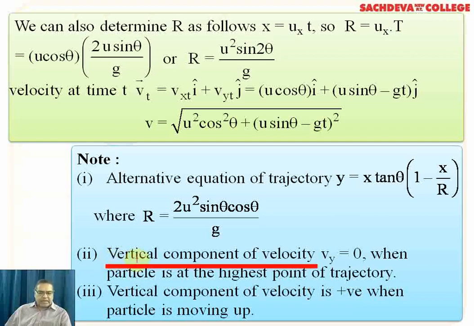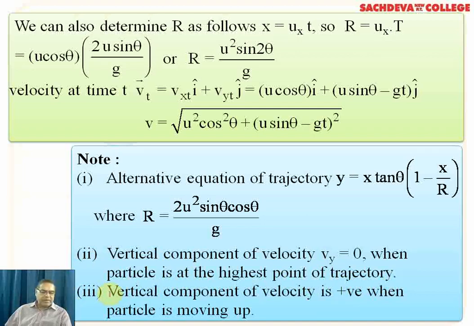Now, the vertical component of the velocity Vy is 0 when the particle is at the highest point of the trajectory. When we throw a body, gradually its velocity goes on decreasing, and at the highest point, the vertical velocity becomes 0.